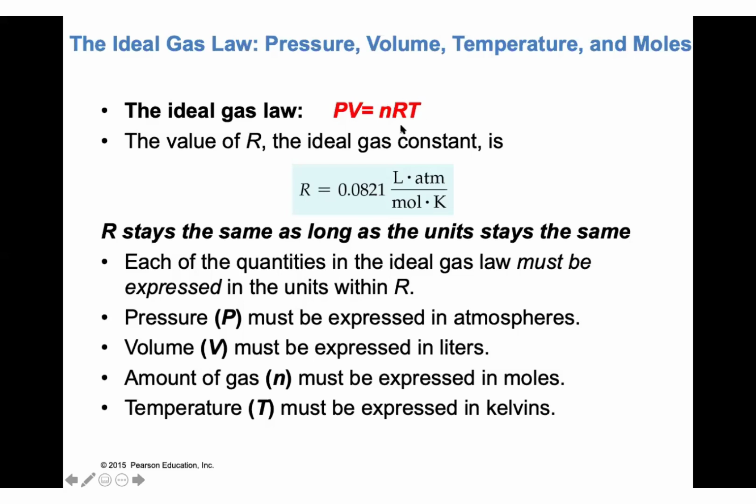What is R? R is a new one that I'm going to talk about. R is the gas constant. It means that there is a specific number that never changes.